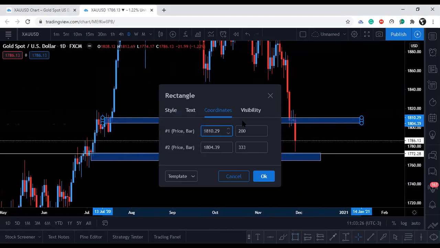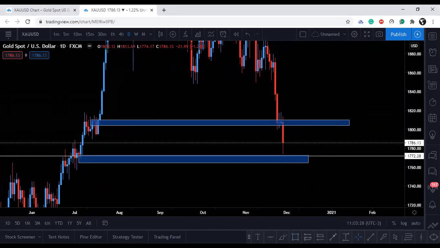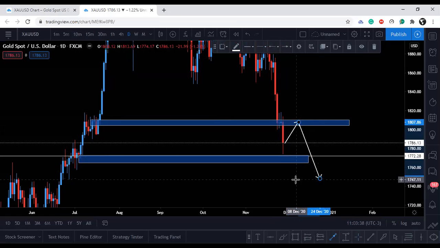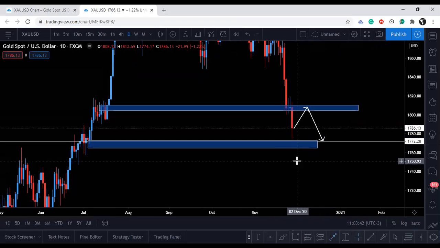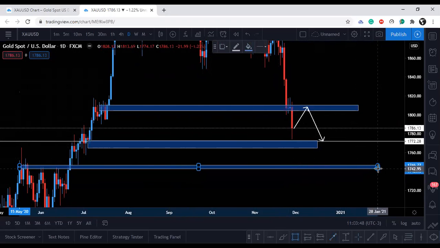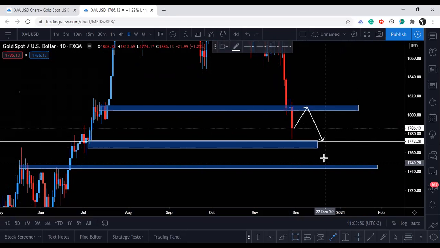So there are two options here. First, price goes up to retest this level, and then we look for a sell option after confirmation. The first target would be this level again, 1770. And once price breaks this level, then on the lower side we have this structure. So this is the second target.